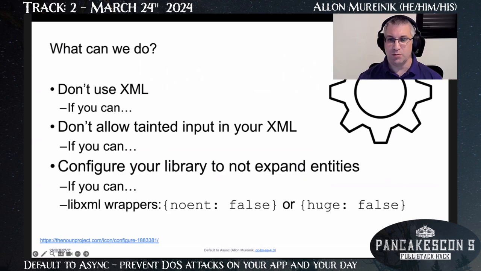So if you don't need to expand entities, just disable this feature. I think most ecosystems have an XML parser that's just a wrapper on top of the libxml library. So this is how you'd configure it for libxml, but if you have a different parser, find your configuration values.